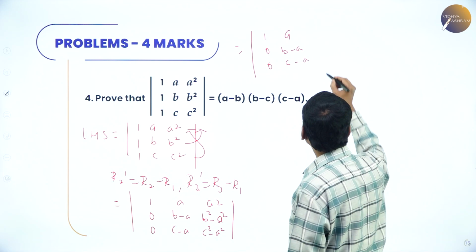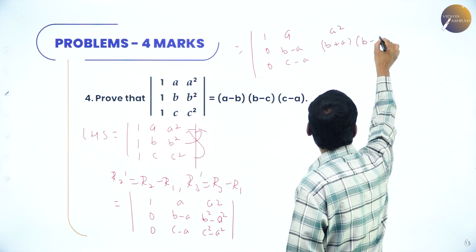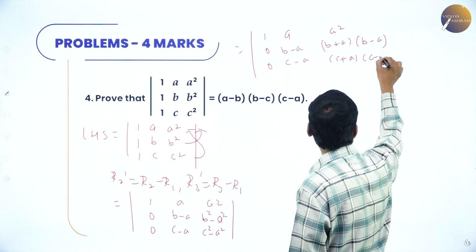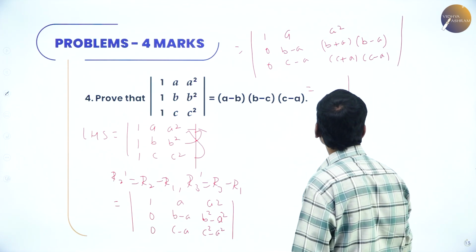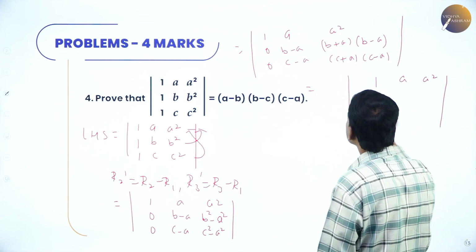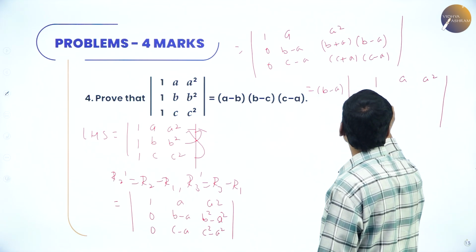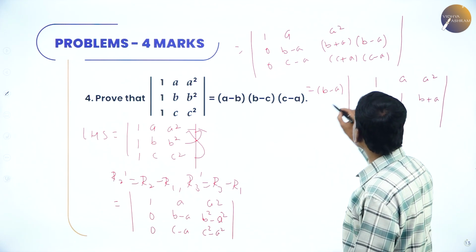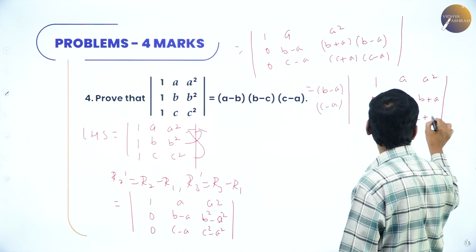Similarly, b square minus a square can be written as b plus a into b minus a, and c square minus a square is c plus a into c minus a. Now, just remove the common factor. In the second row, b minus a is the common factor: 0, 1, and you will have b plus a. Similarly, c minus a is the common factor: 0, 1 and c plus a.